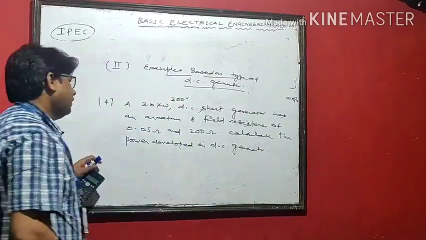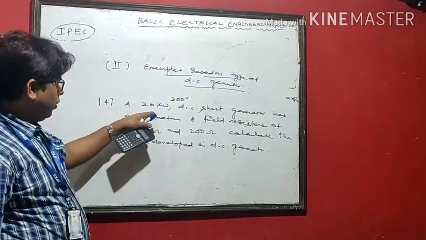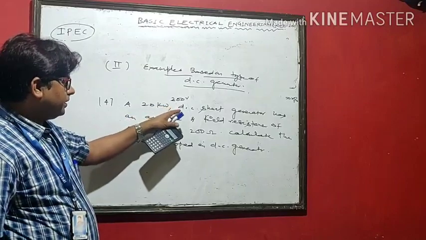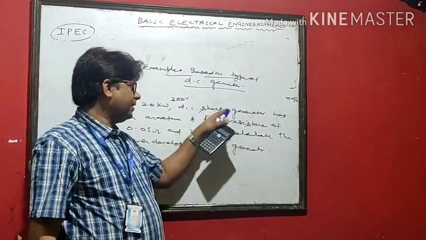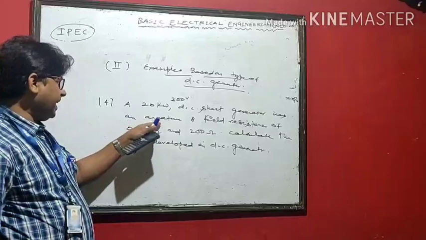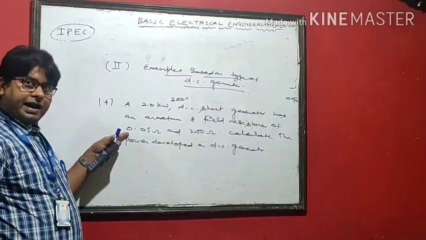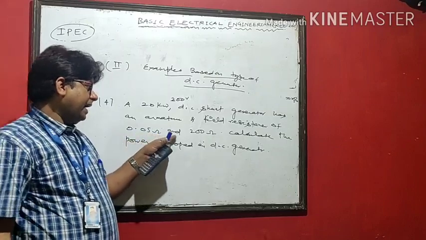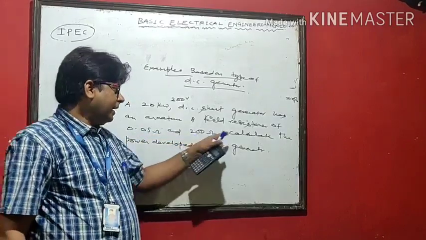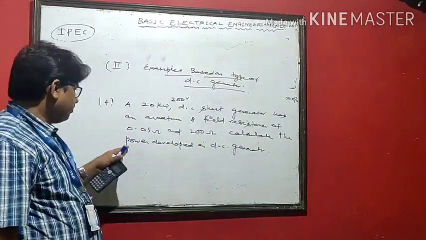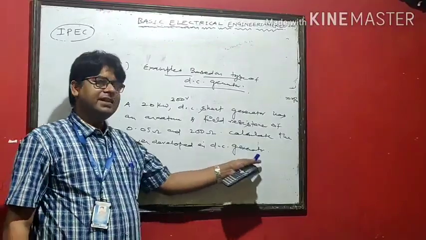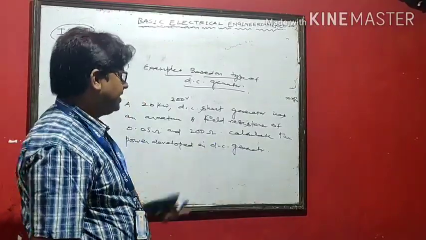Repeat the question: a 20 kilowatt 200 volt DC shunt generator has an armature and field resistance of 0.05 ohms and 200 ohms. Calculate the power developed in the DC generator. That is a DC shunt generator.